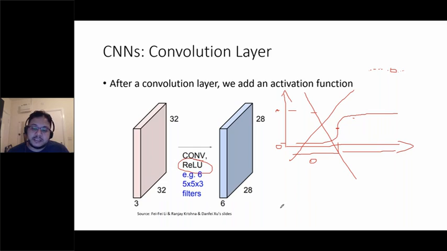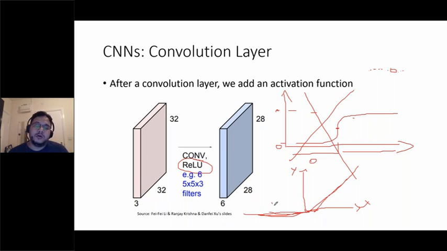ReLU is something like this. Every value that is negative will become 0, and every value that is positive stays the same. Here, x equals y. So every value that is positive stays the same, and every value that is negative is removed.